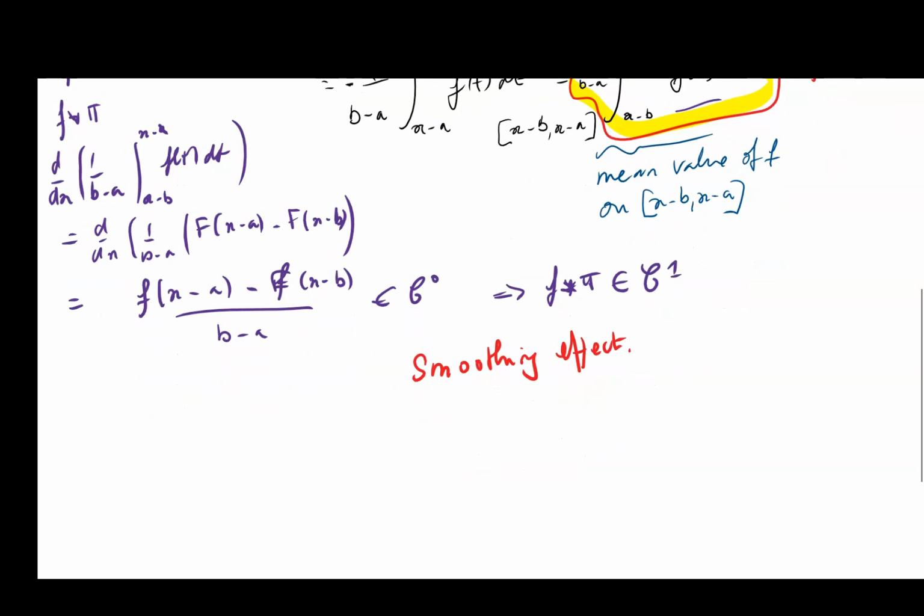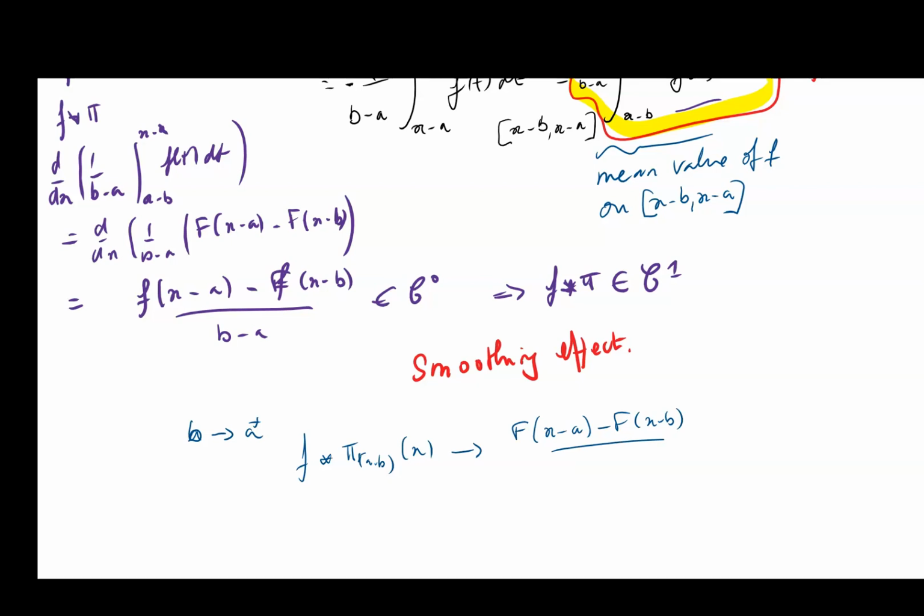Another thing that we can see is, if b tends to a by positive values, what do we have? We have that the convolution of f with the pi function on the interval ab, at x, tends to, using the same notations as before, the limit as b tends to a of big F of x minus a minus big F of x minus b, divided by b minus a.